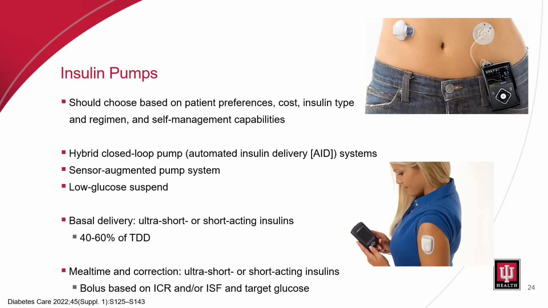Like I said, there's multiple different types of pumps, one of them being the hybrid closed loop pump, or the automated insulin delivery systems. These are systems, and actually the picture in the top right corner shows a hybrid closed loop pump, in which the patient wears a continuous glucose monitor, and this feeds back to the insulin pump and tells the insulin pump to adjust that basal rate of insulin based on their current blood glucose value.